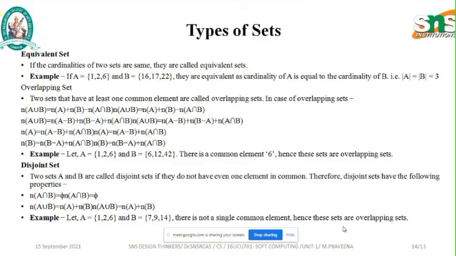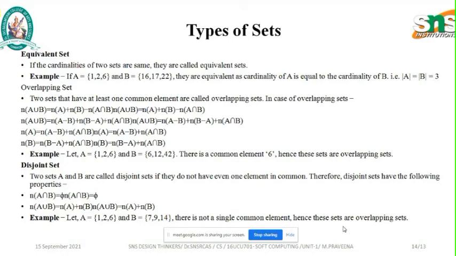Two sets A and B are called disjoint sets if they do not have even one common element. For example, set A consists of 1, 2, 6 and set B consists of 7, 9 and 14.